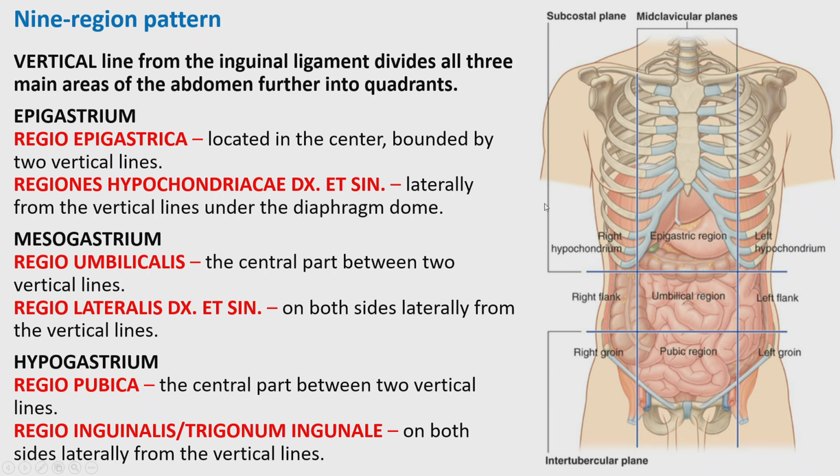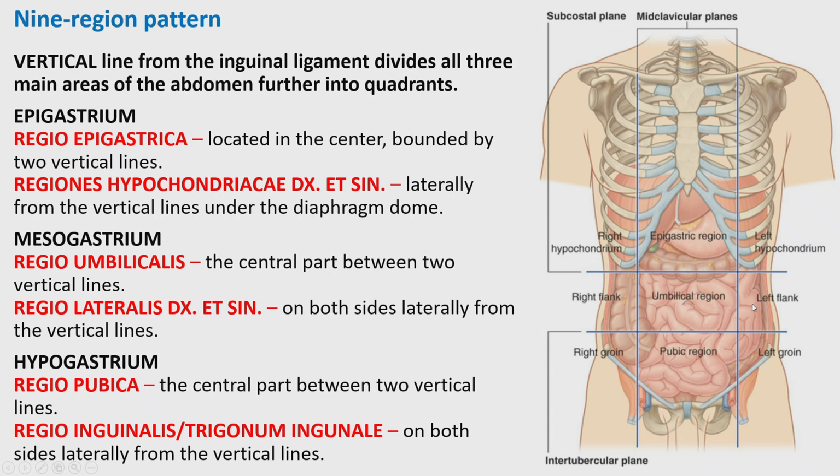So the epigastrium, which was here, is divided in the midline, in the center, which is called the epigastric region, and the lateral parts, which are called the right and left hypochondrium or hypochondriac region. So this is the classification of the epigastrium: regio epigastrica and hypochondriaca.